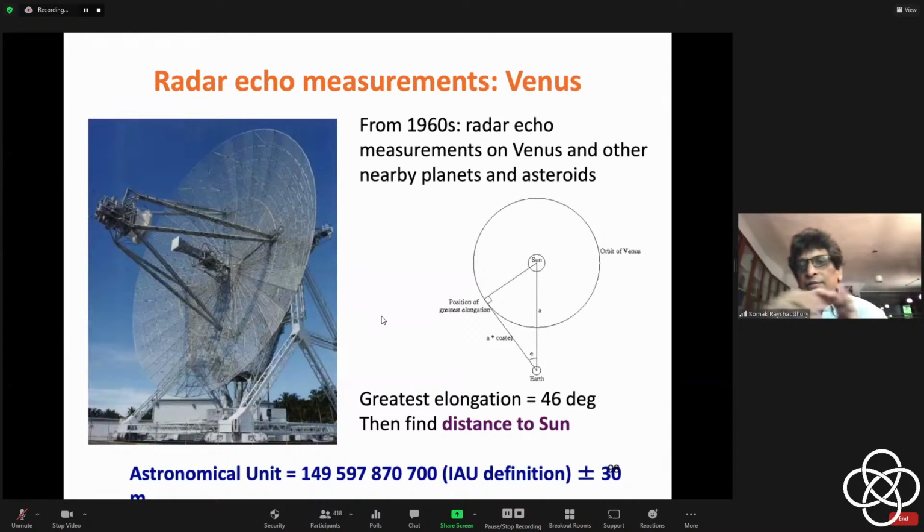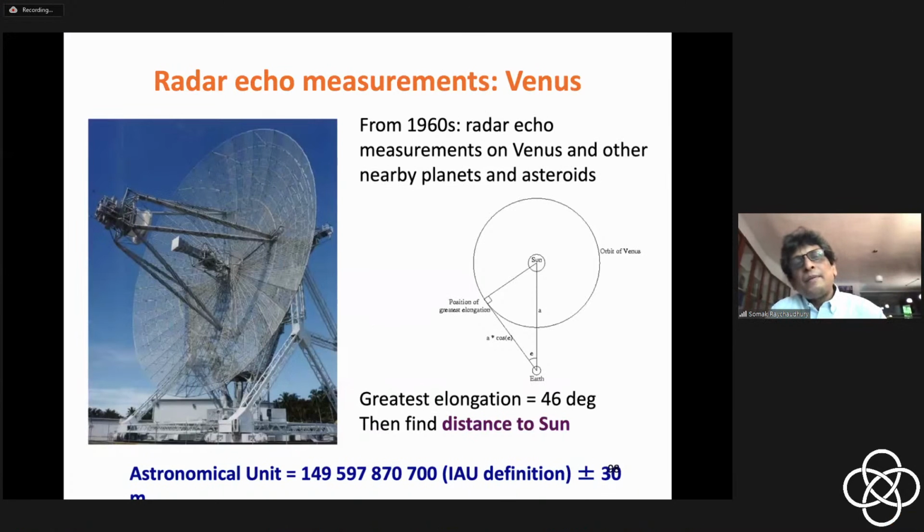And so this varies around the year. We talked about this yesterday, but the mean distance between the Earth and the Sun is the one that is defined by the International Astronomical Union, and that is known very accurately. Okay.